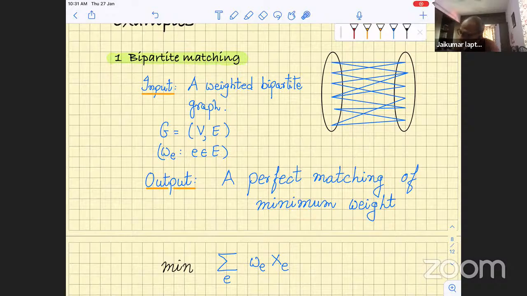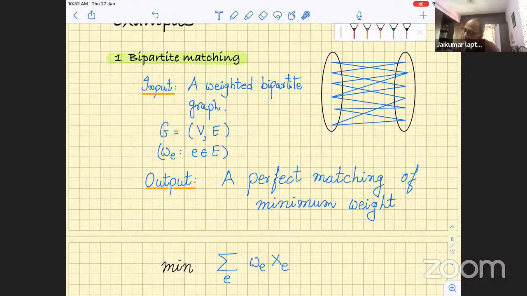So what's a matching? A matching is a set of edges which are disjoint. That is, every vertex on the left should be matched by an edge to a unique vertex on the right. Different vertices must be matched to different vertices. So if there are n vertices, we are looking for n parallel edges.